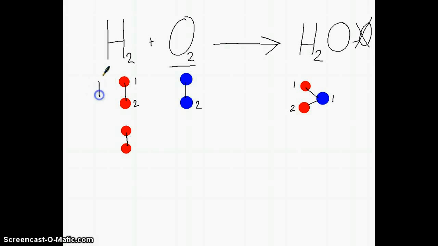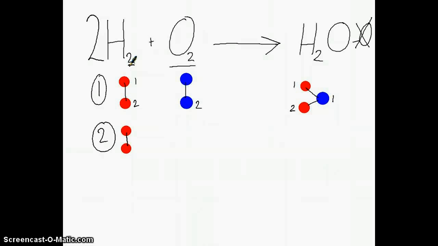That now gives us 1, 2 molecules of hydrogen, and we write that with a large number 2. So large number 2 for the number of molecules, small number 2 for the number of atoms in each molecule. Now, how does this balance up on the other side?